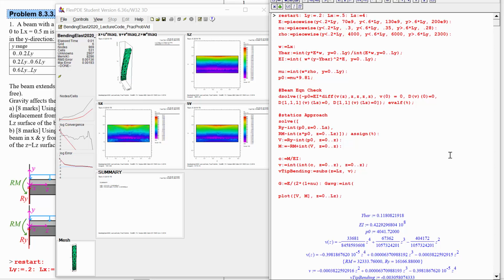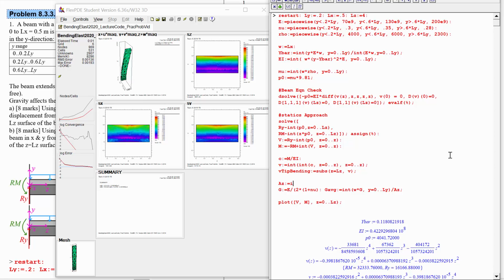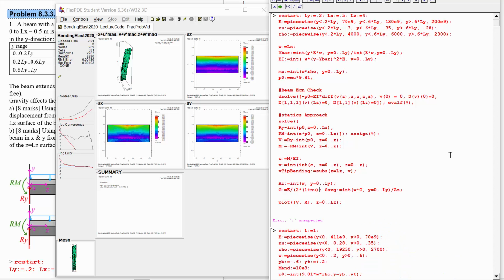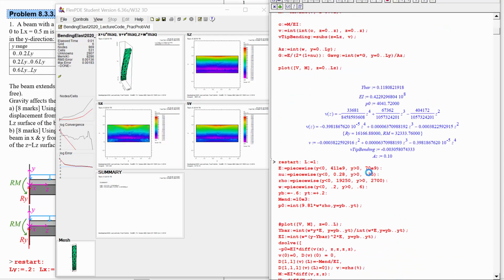So this is going to be the integral of W times G from y is 0 to Ly, over the integral of W over the area, right? And let's figure out what that is. That is the integral of W from y is 0 to Ly. So we are finding the cross-sectional area explicitly now. We know that it should be 0.1. And I forgot a bracket there.